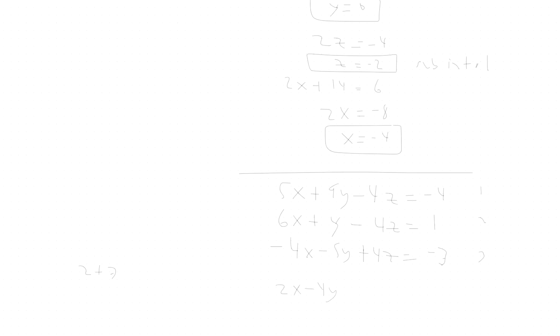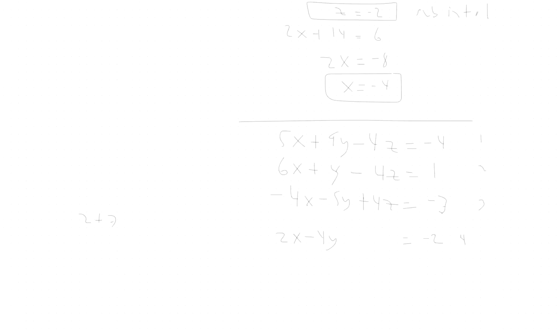Now, what do we do? We're trying to eliminate the z again. What are we going to do next? Look at 1 and 3. What are we going to do with 1 and 3?